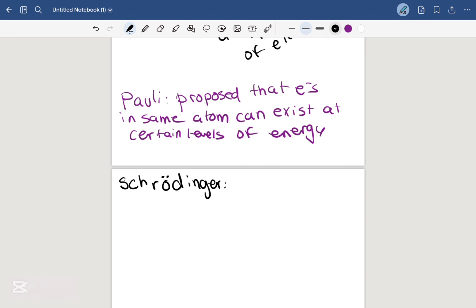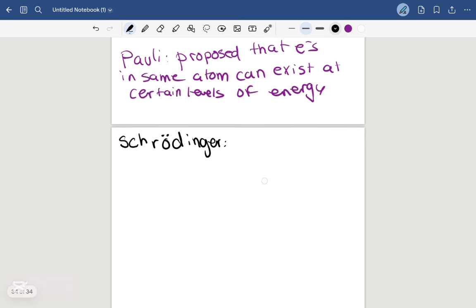And he said that they move about the nucleus in a cloud-like region. So they're moving in a different way than how Bohr explained it, because Bohr explained that they move in fixed orbits, whereas Schrödinger is saying that they move about the nucleus in cloud-like regions.